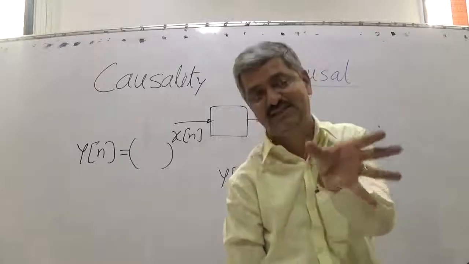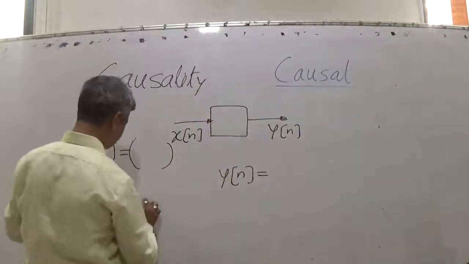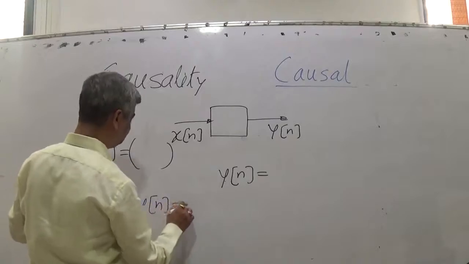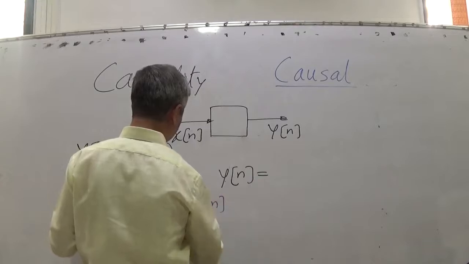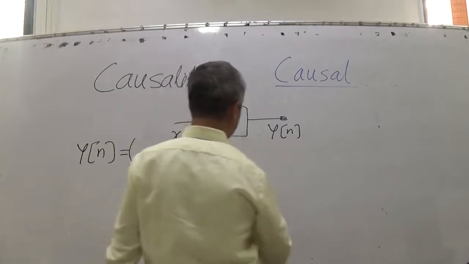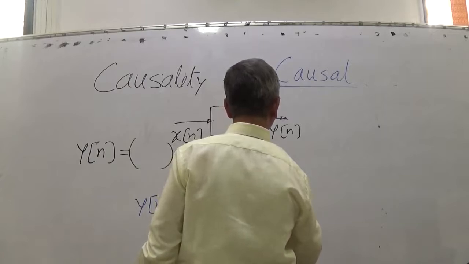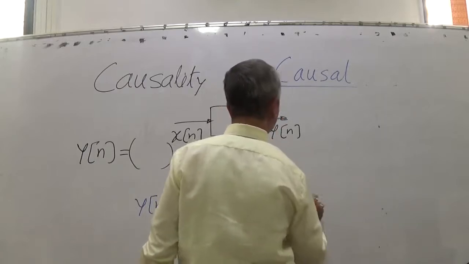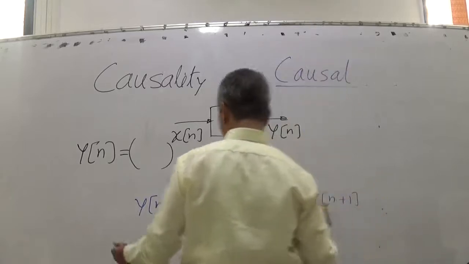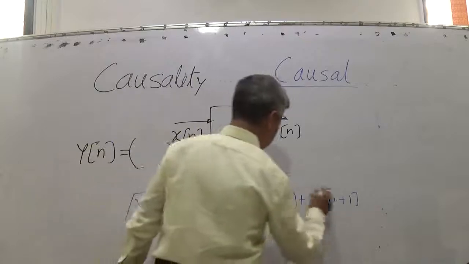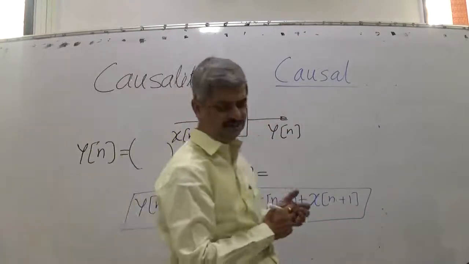But in general, we can have a system yn equal to x(n) square plus x(n minus 1) plus x(n plus 1). This is one of the system equations.